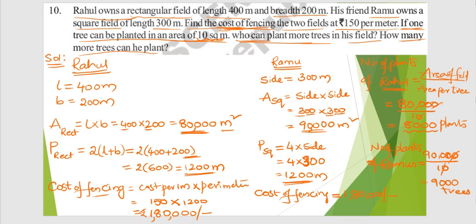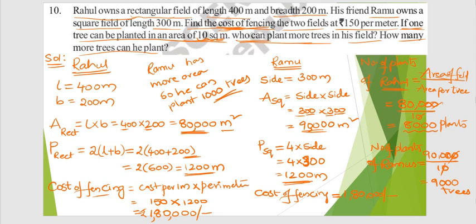So who is having more number of trees? So clearly, what we can say here is Ramu has more area, so he can plant how many extra trees? He can plant 1,000 extra trees.